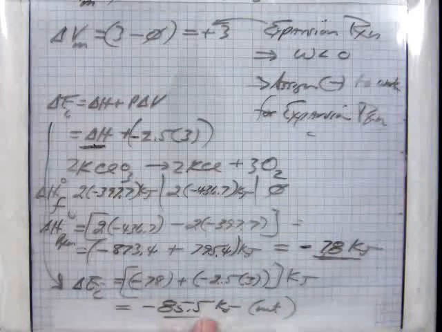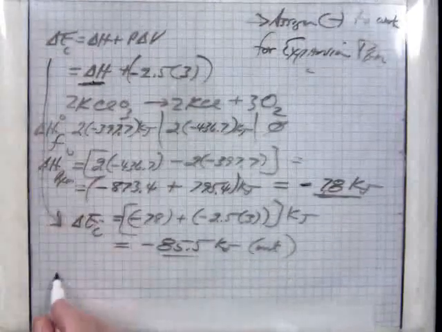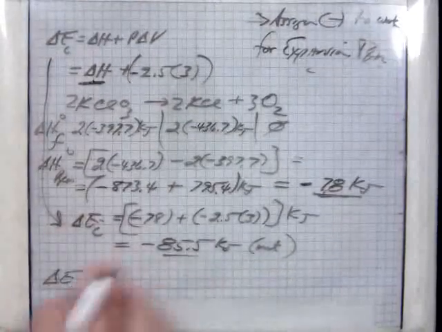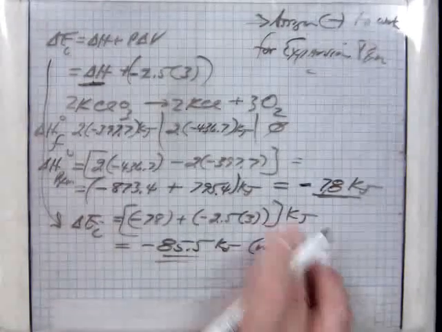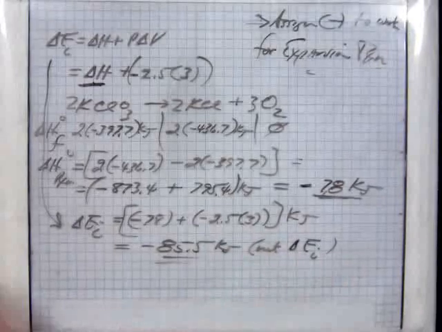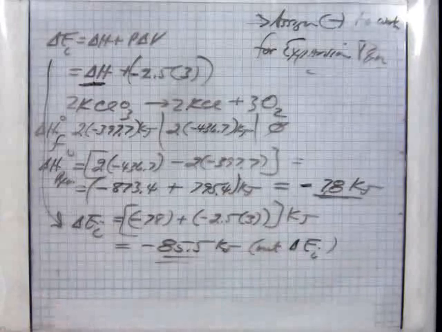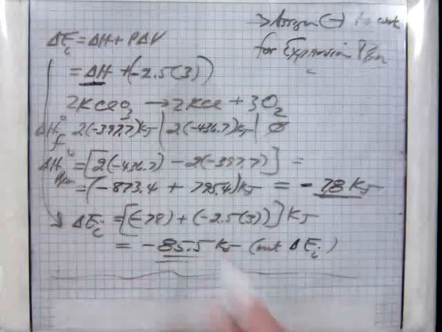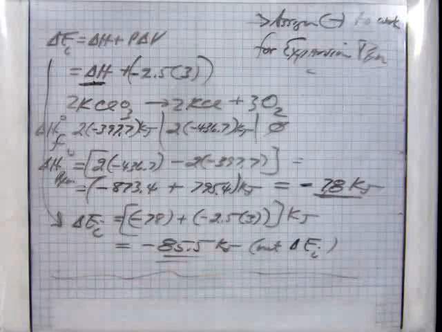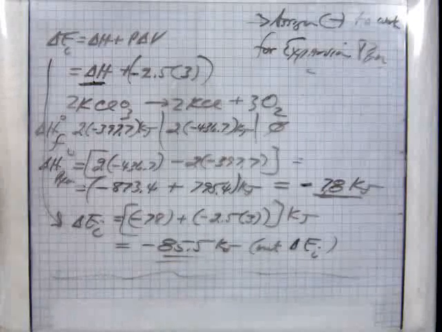So once I get that 85.5 net there, now I can go ahead and finish my internal energy. No, that is the internal energy, sorry. Net change in internal energy. Right there. Okay, now that seems like a lot, but it's really not in terms of making the calculation, because I've given you the foundations for delta H of reaction and what expansion compression work functions are.